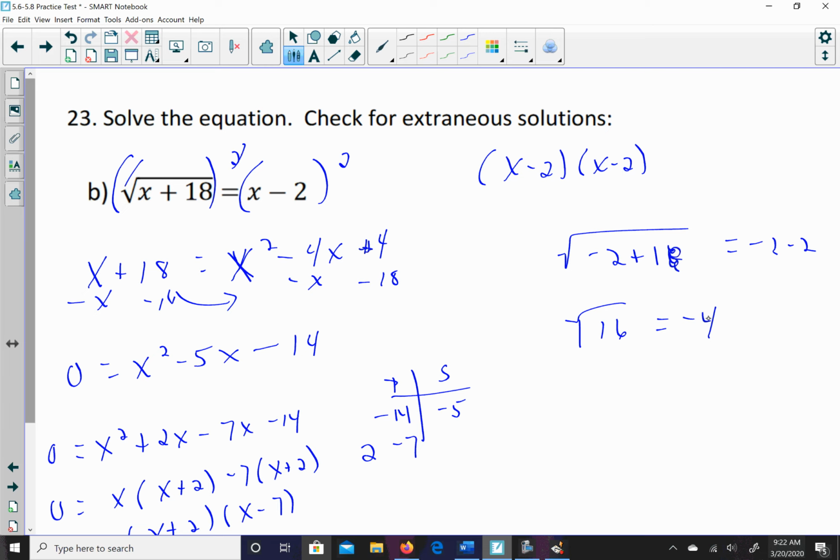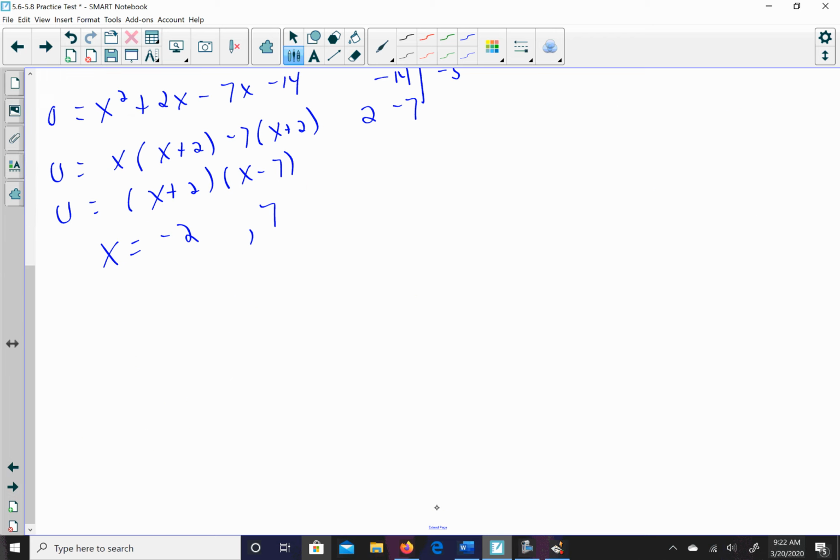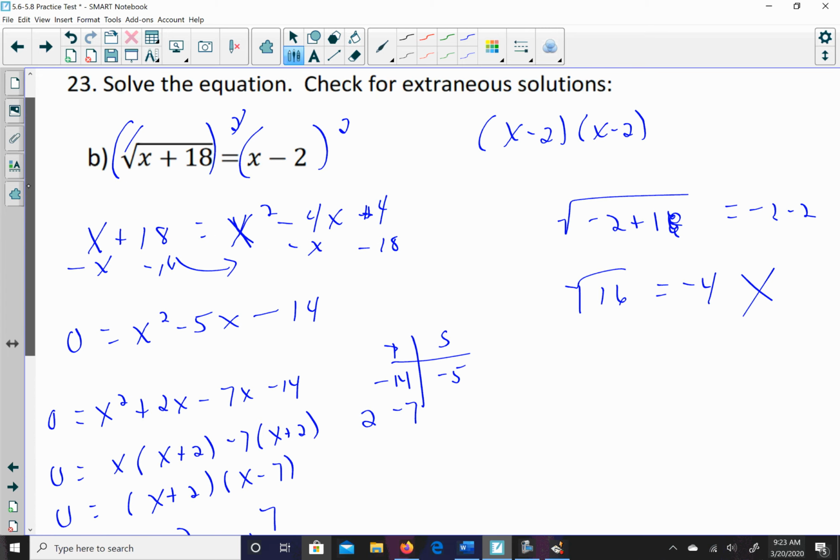Right there, you should realize you have a problem because this is a square root and it can never equal a negative number. So this one will not work, which means that this negative 2 is extraneous, which means it's a solution of the equation we solved, but it just doesn't work.